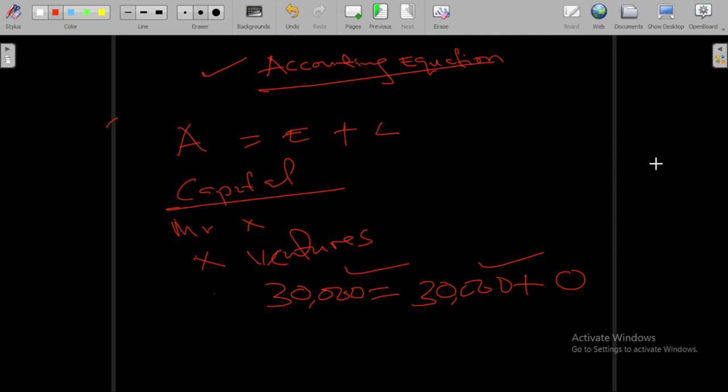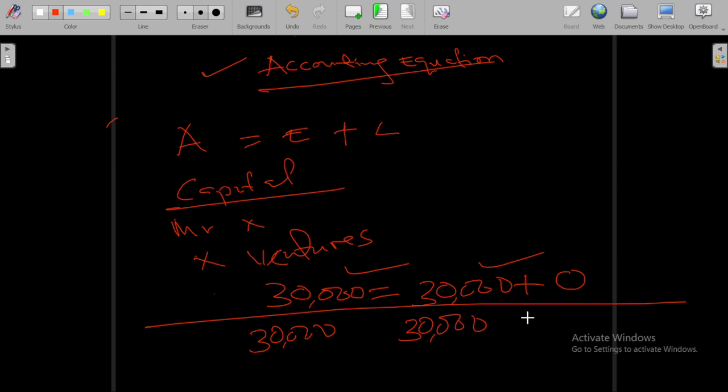Then our equation will now have to change. That motor vehicle, to the business, is an asset. Then the second equation now has asset. We already have 30,000 as our asset, and we have capital, which is 30,000.